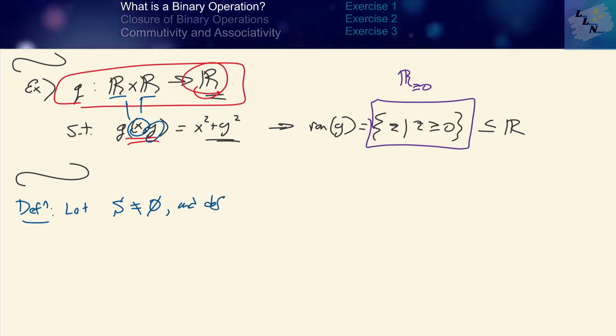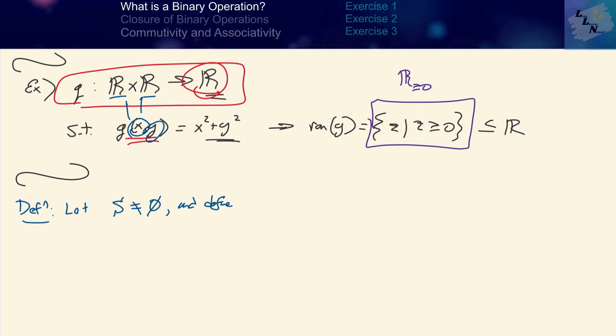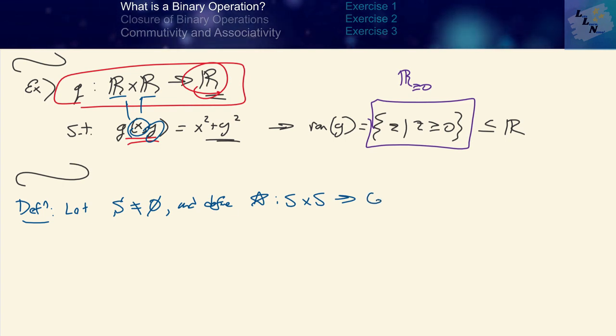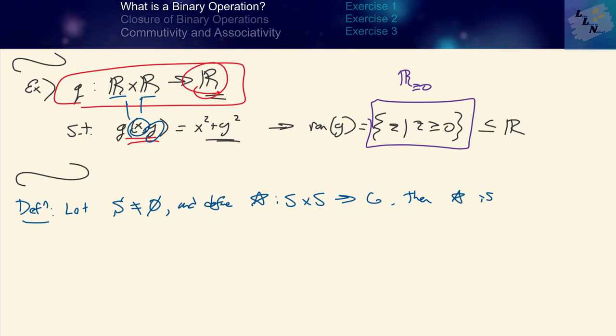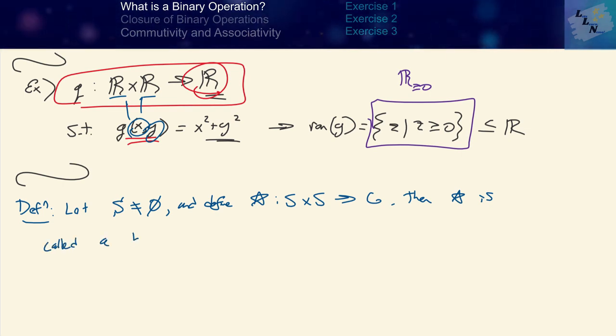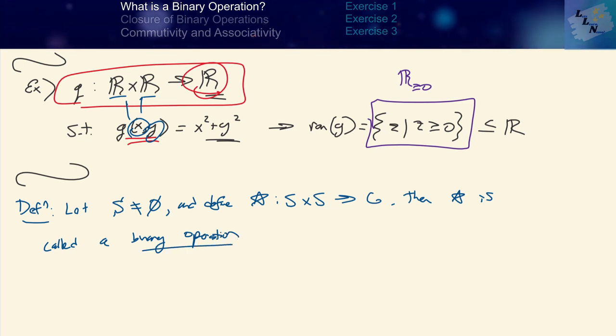And define star, which is going to map S cross S into C. Then star is called a binary operation.